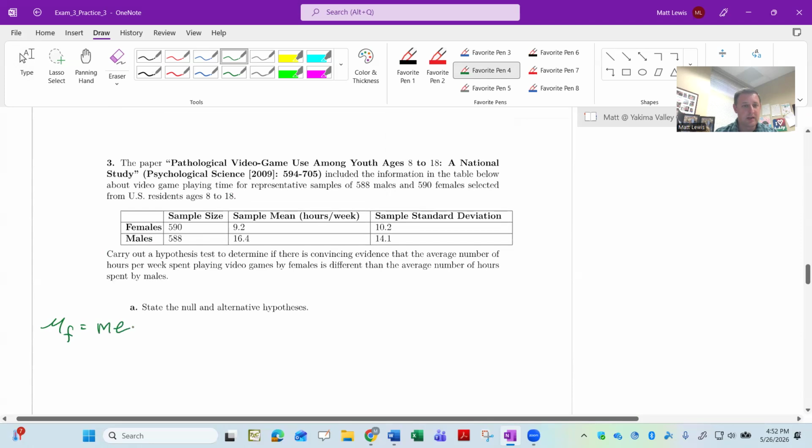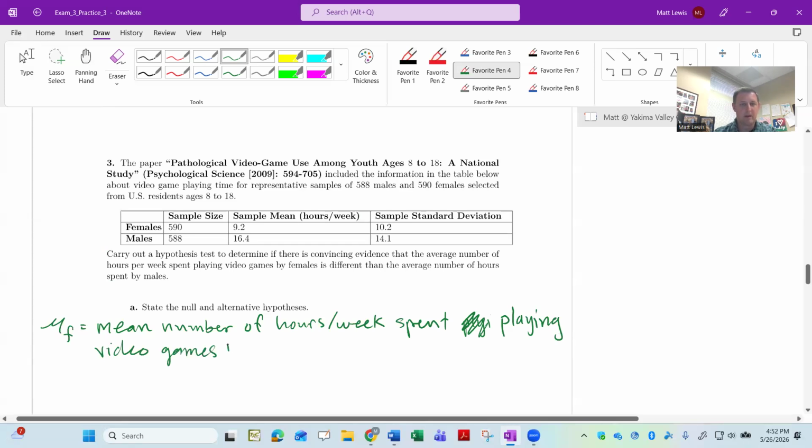I'm interested in the mean number of hours per week spent playing video games by females. And we'll do mu m, same thing, but for males.